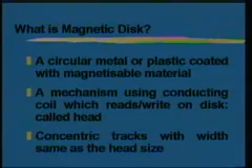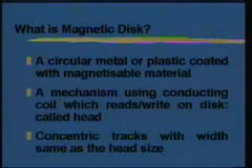The second thing about a magnetic disk is that it supports a mechanism using a conducting coil, which we call the read-write mechanism, and this mechanism is supported by something we call the head, which is responsible for reading or writing the information onto the magnetic disk. The third most important thing which goes with the magnetic disk is the basic format it supports. It basically supports concentric tracks with width the same as that of the head size.